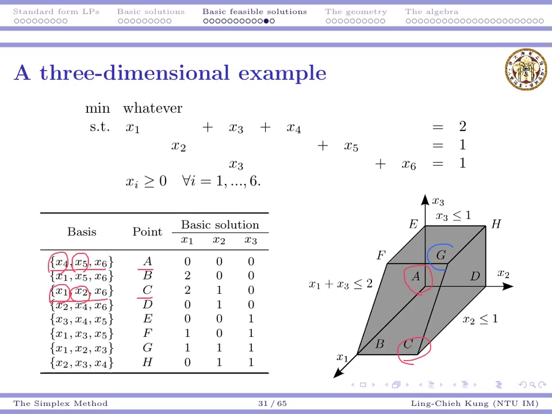How about G and H? We can see that x2 and x3 are the same, and only x1 and x4 are different. Only one variable is different. That means from G to H, only one variable changes. So from G to H, we move along an edge, and get an adjacent basic feasible solution.